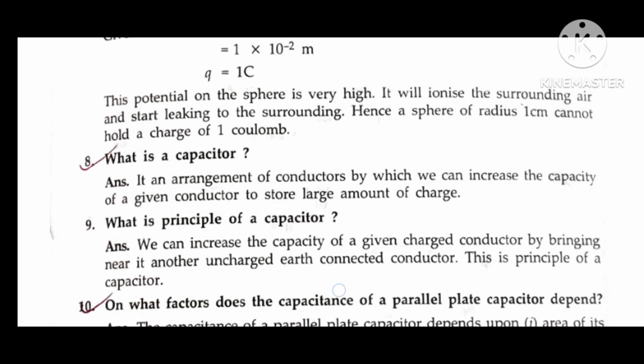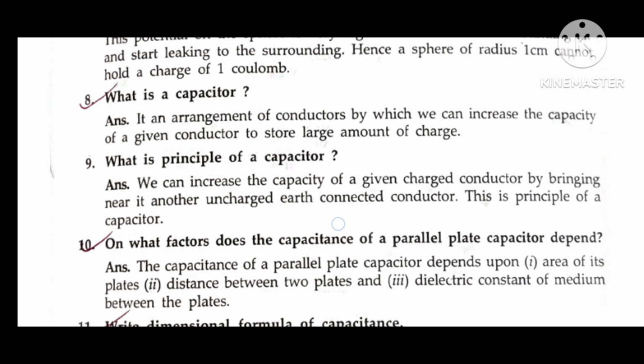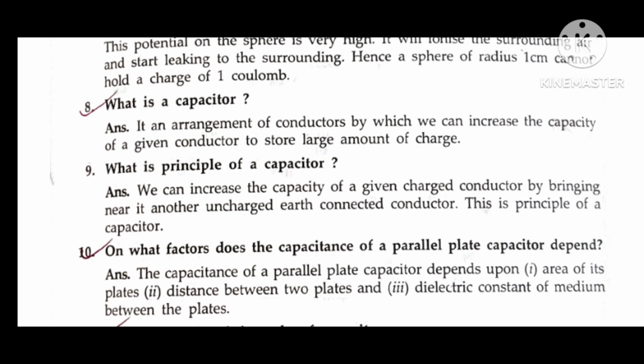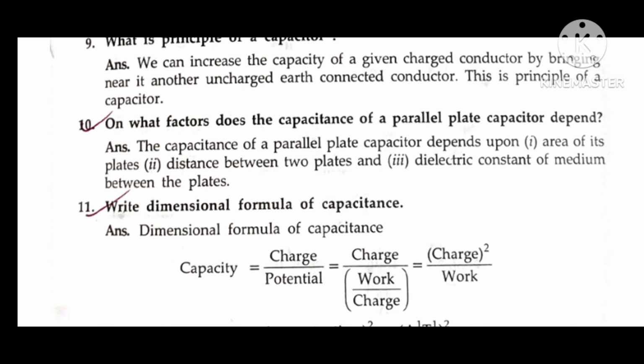This is the principle of a capacitor. On what factors does the capacitance of a parallel plate capacitor depend? The capacitance of a parallel plate capacitor depends upon the area of its plates, the distance between the two plates, and the dielectric constant of the medium between the plates.